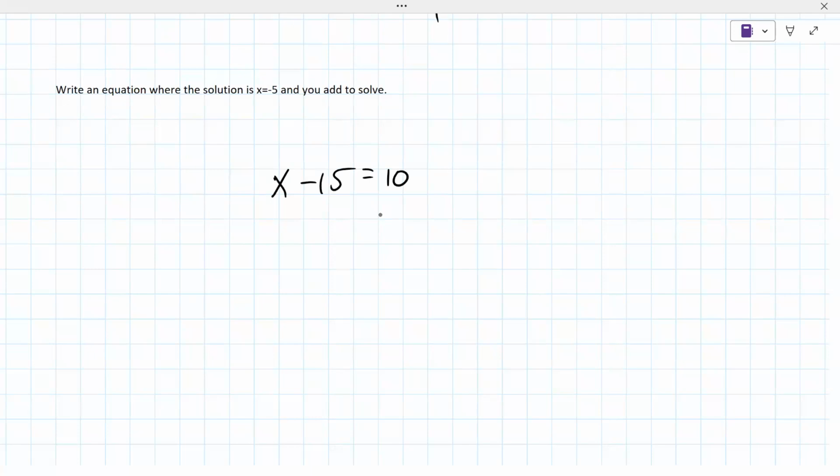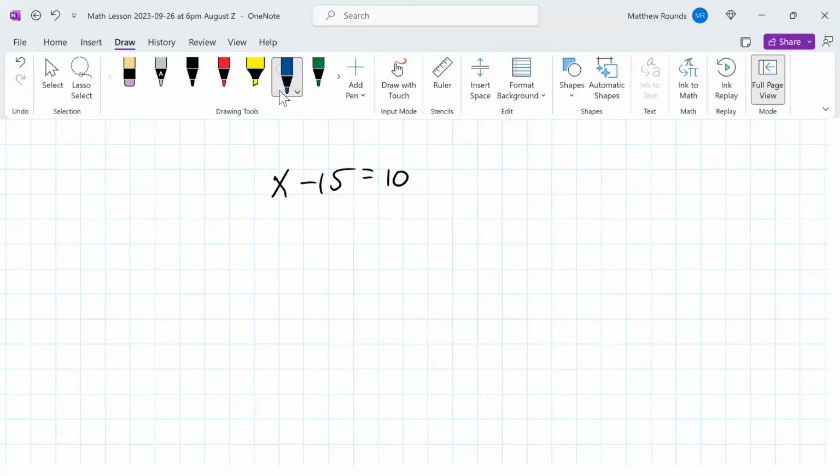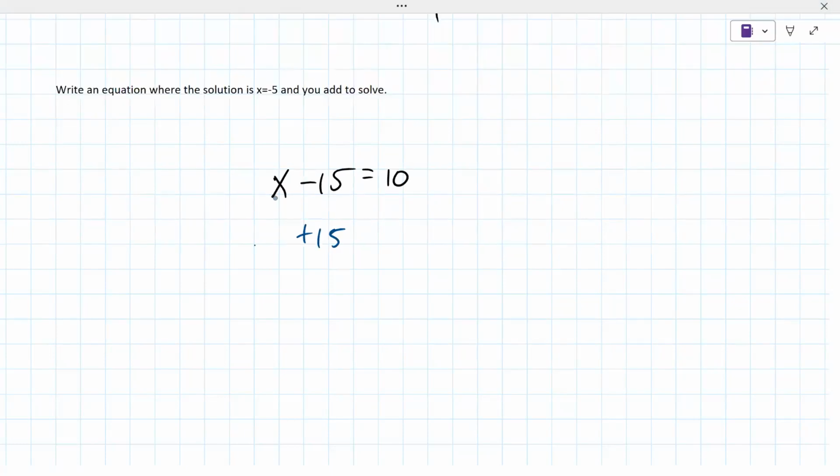Like this. Yes. Okay, so I want you to solve this equation. Well, actually, I should solve it. Sorry, you're right. I'm going to add 15 to both sides. X is 25. Yeah, so that would be great.